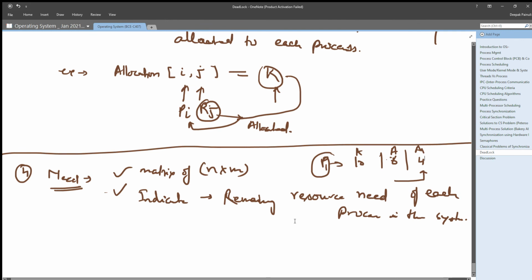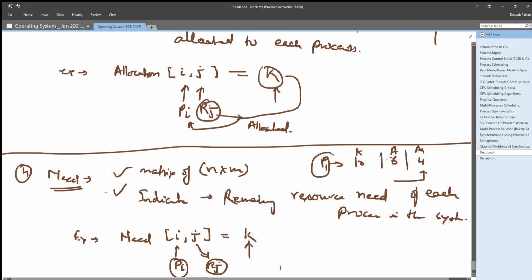So let us check. If we write Need[i][j] equals k, it means that process Pi needs k instances of resource Rj.